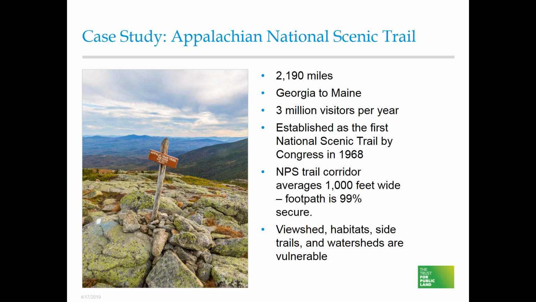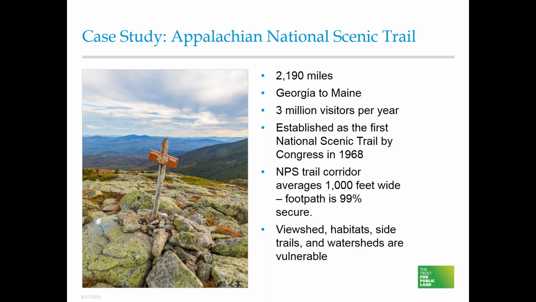But just the basics for those of you who don't know the Appalachian National Scenic Trail. It's a 2,190-mile trail, Georgia to Maine, across 14 states. The park gets about 3 million visitors per year. It's America's first national scenic trail, designated by Congress in the National Trail System Act in 1968. And the Park Service lands basically connect existing land units, national forests, state parks, state forests, that sort of thing.